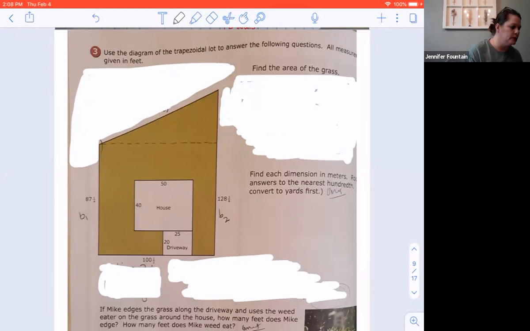So let me see something. Let's look at the information that they have given us. And where did I get that number for a minute?